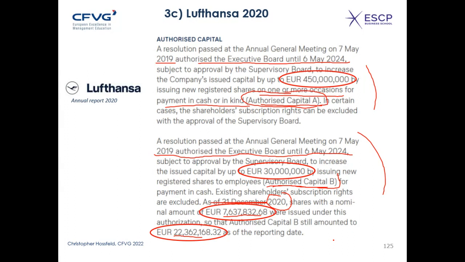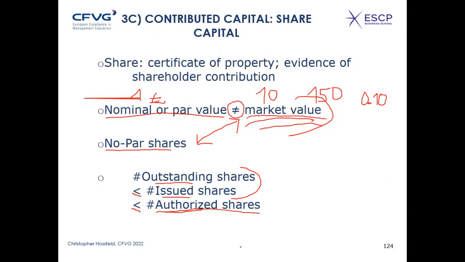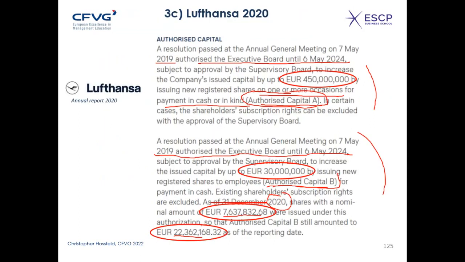That's authorized capital. The authorized shares are basically the number of issued shares plus new shares that do not exist yet. They can be issued, but it's not mandatory, if the management uses the authorization.